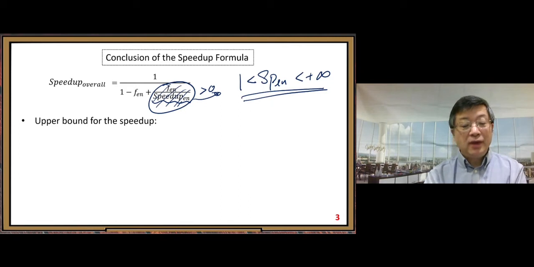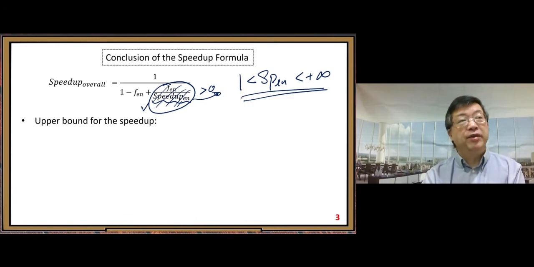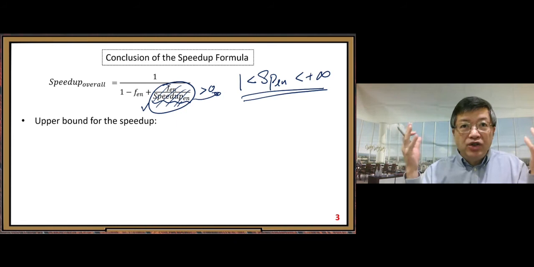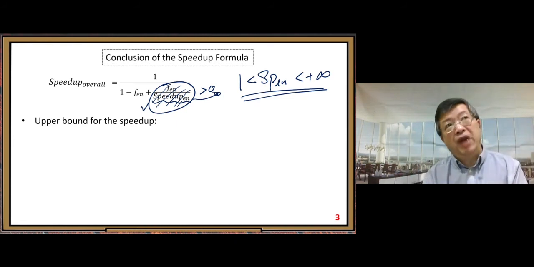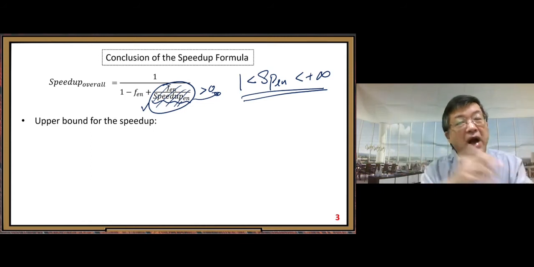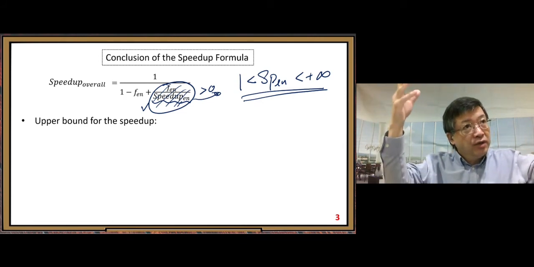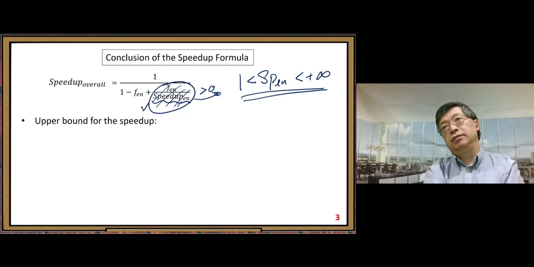Think about if we drop this positive term, remove it from the denominator. Do we increase the value of the fraction or decrease it? It is very easy to see. We increase the value of the fraction, right? When we make the denominator smaller, the whole fraction value will be greater.